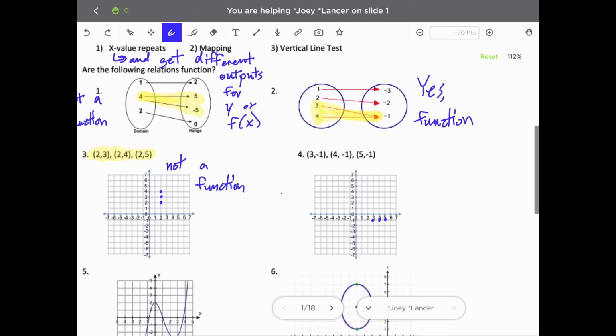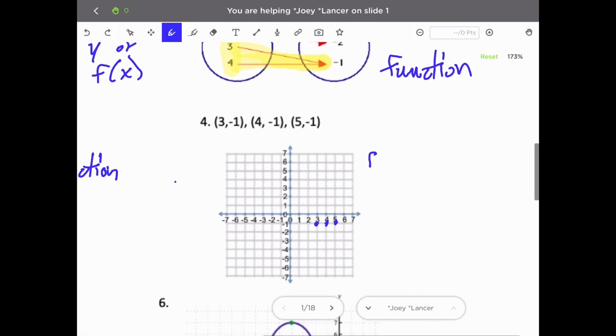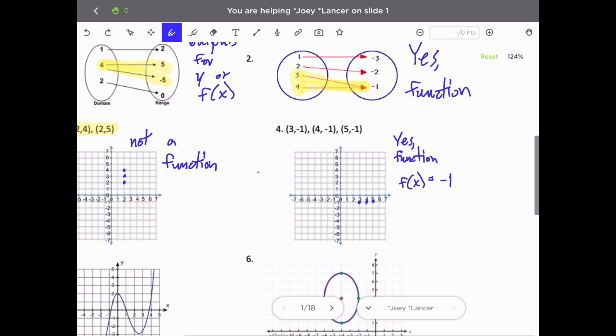And that's okay. That's this many-to-one. So that is a function. And this function would be something like f of x equals -1, at least for this domain right here of those three x values.